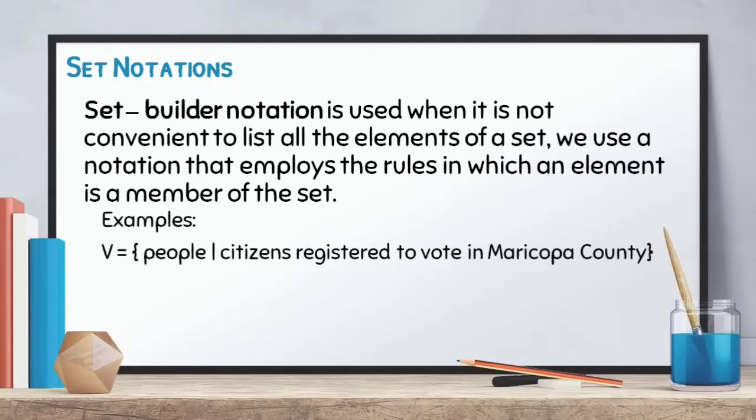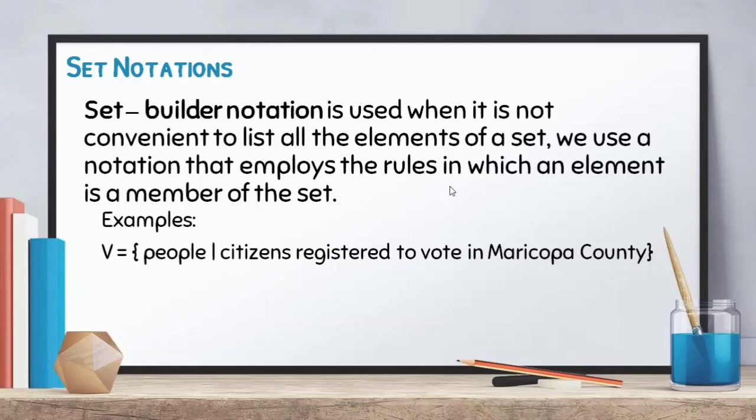Example, all right, so we have there set V equal to people such that citizens registered to vote in Maricopa County. So according to our definition, we are going to use a notation that employs the rule, okay?